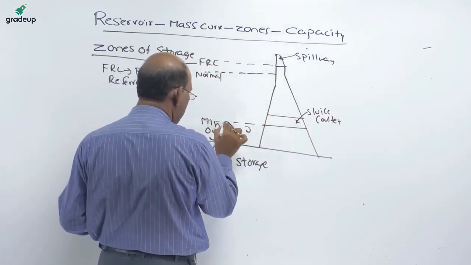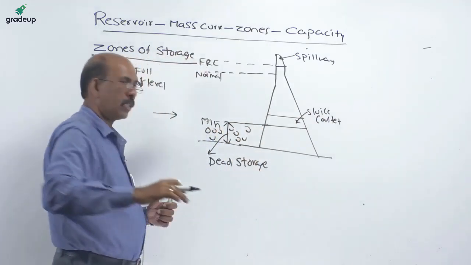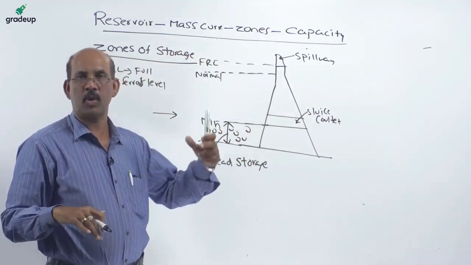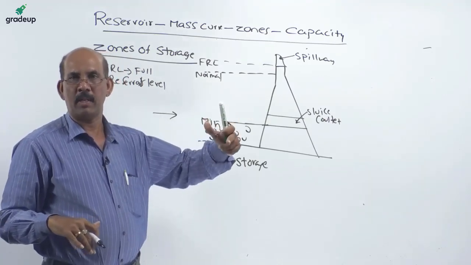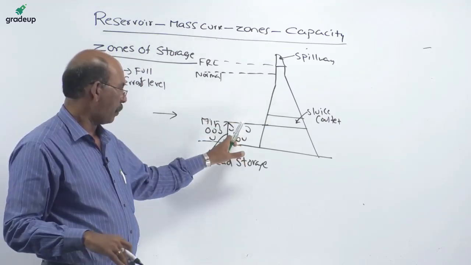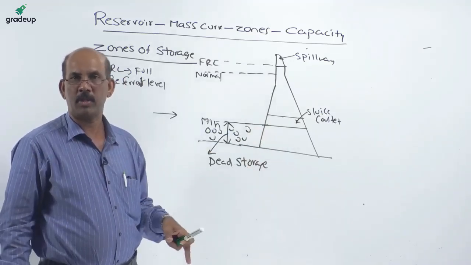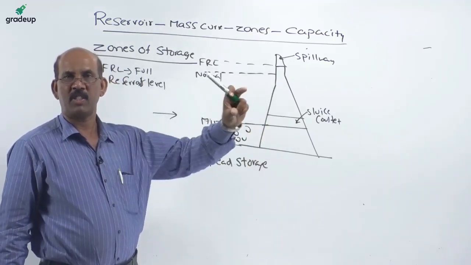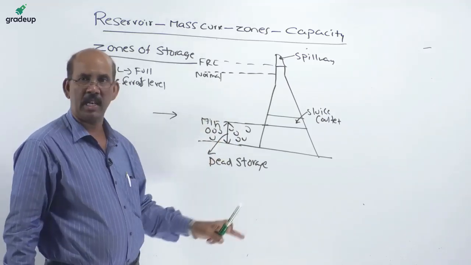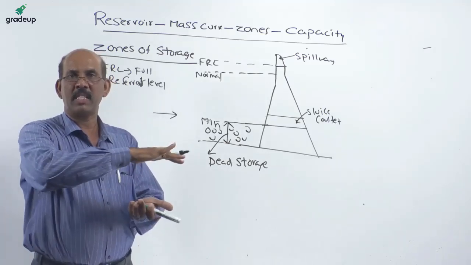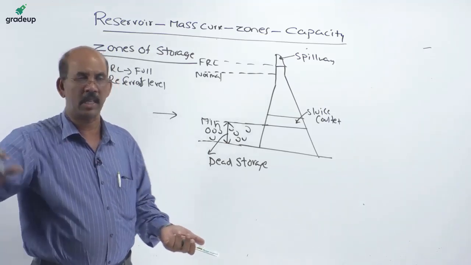The sluice level is always above the minimum storage or dead storage level, so that particles do not go through the pipe and cause any blockage. That is the main purpose: all the sediments settle within this space, which is completely reserved for the sediment particles.